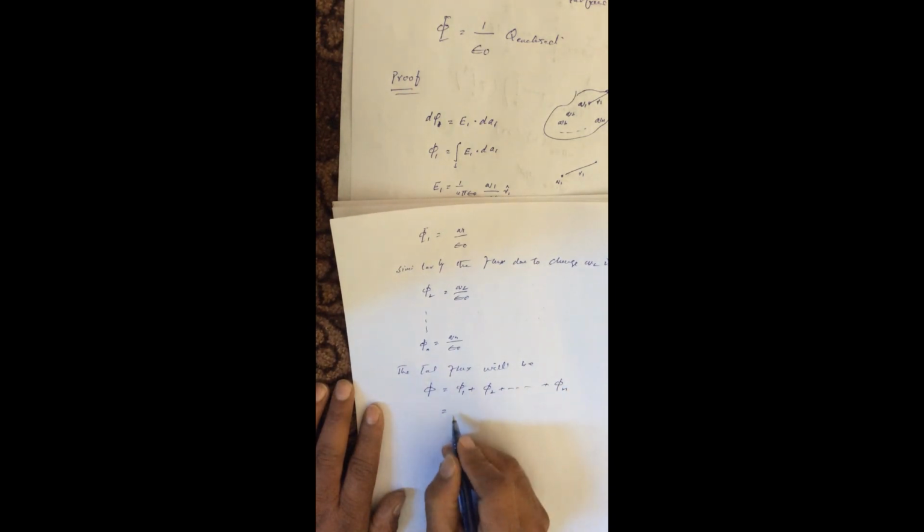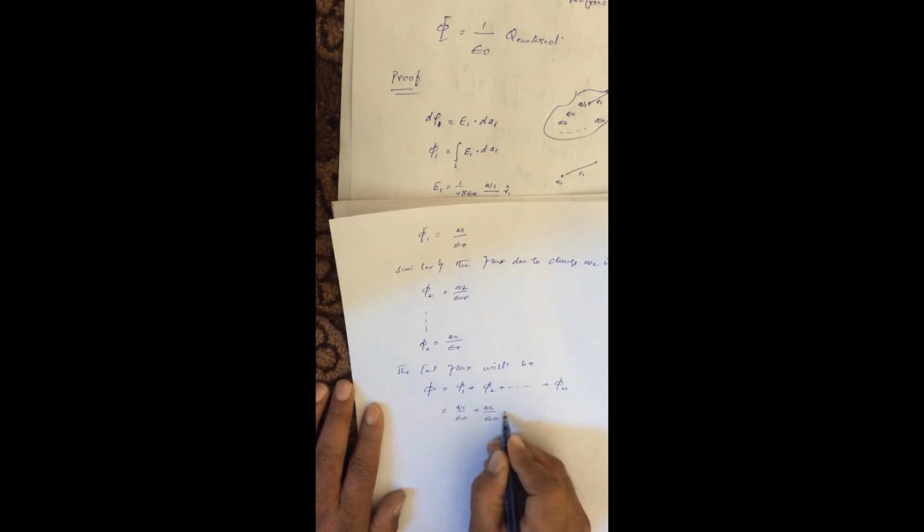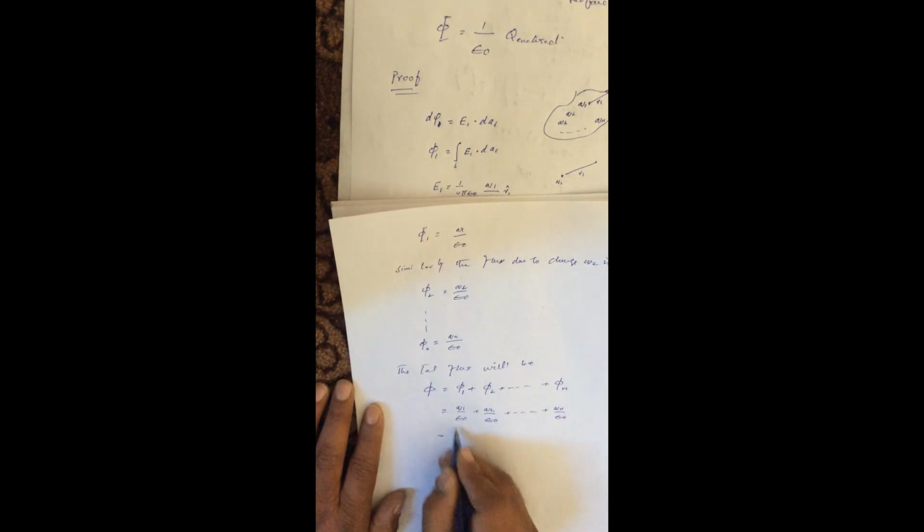Now putting the values of phi 1, phi 2 and phi n, we get Q1 over epsilon naught plus Q2 over epsilon naught plus up to plus Qn over epsilon naught. So 1 over epsilon naught is common, so I'll keep it outside. We have Q1 plus Q2 up to plus Qn.